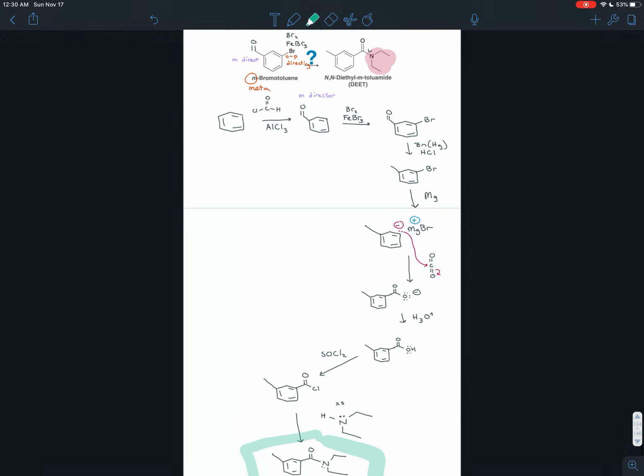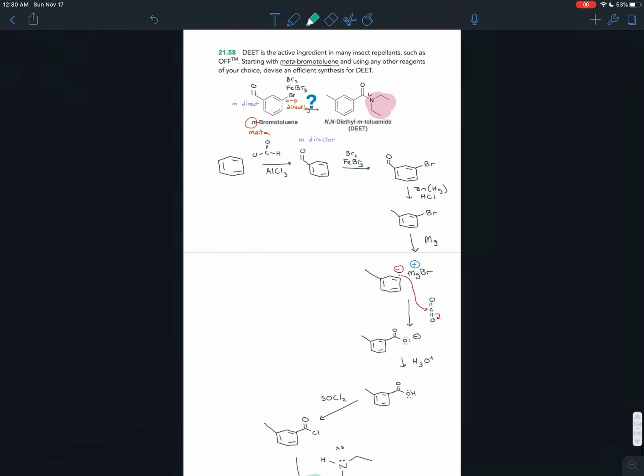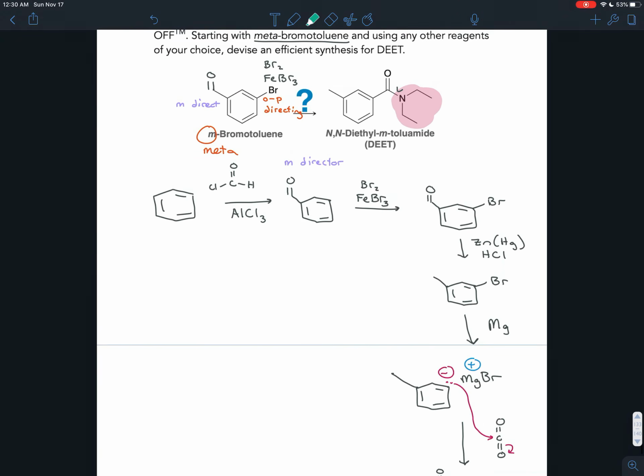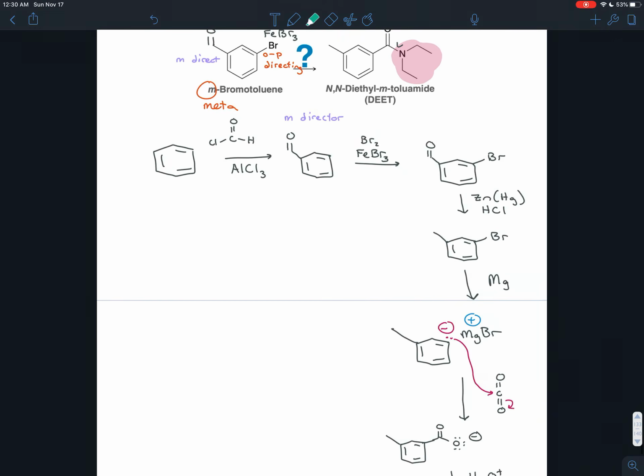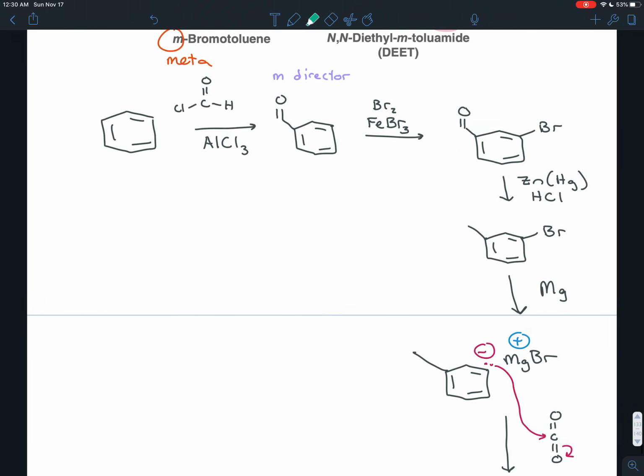You now know enough chemistry to make DEET from the vapors of gasoline. First, we did a Friedel-Crafts acylation. Put this acyl group there. We had to make it an acyl group because that's a meta-director, and we need the bromine on the meta position. So we added the bromine using Br2 and a catalyst that turned it into a really good electrophile so that even benzene would react with it, FeBr3.